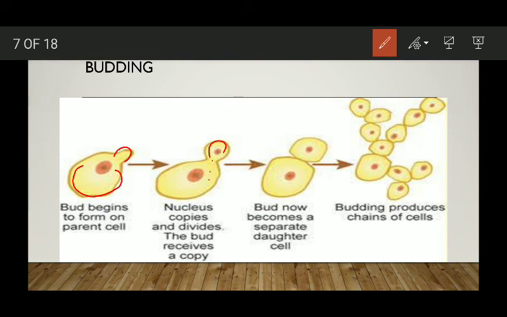After some time, the bud separates from the parental cell, and after separation it can give rise to new bacterial cells. But in this diagram, you can see this bacterial cell has not produced a single bud. Instead, it has produced a chain of buds, and these buds present in chains can later detach and give rise to a number of bacterial cells.